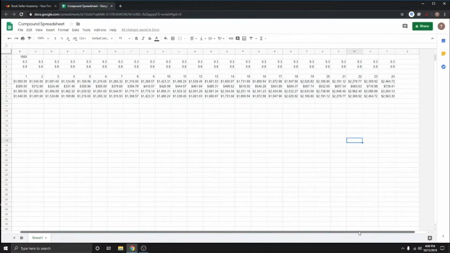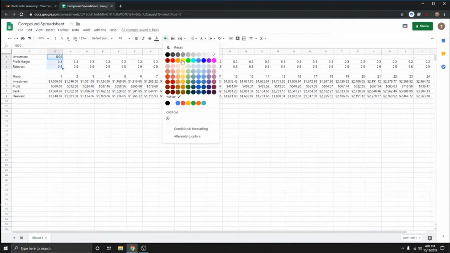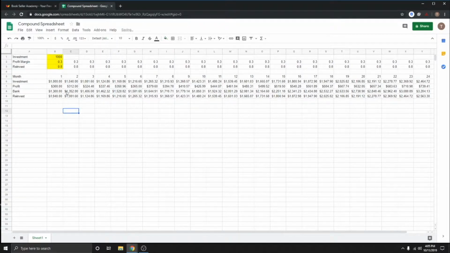Okay, just making sure the numbers are set. So I'm just gonna highlight the fill color, and this would just show me that I can edit these fields. And anytime I edit the field, let's say if I want to do a $2,000 investment, everything kind of changes. The more you invest, the more money you'll get after each month.